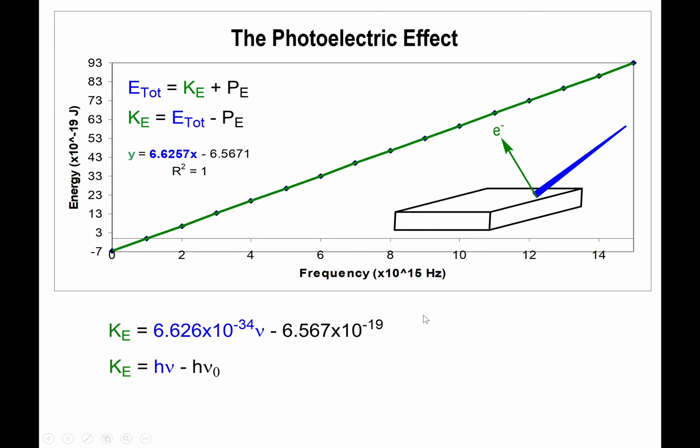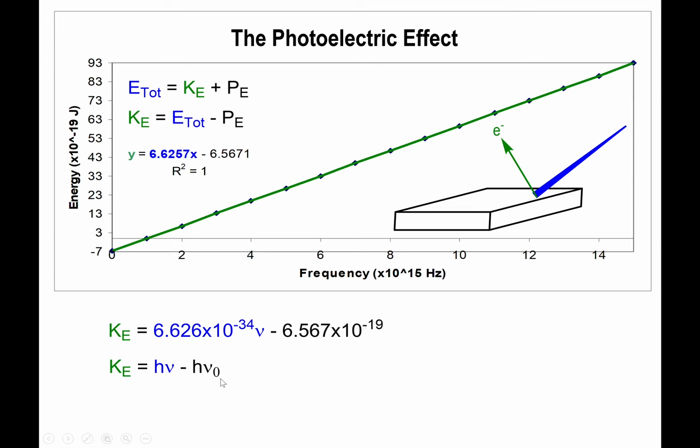So the beauty of this process is that we basically are able to tell what minimum frequency needs to be achieved in order for you to have electrons coming out with kinetic energy of any sort. This particular value, the nu naught, is what we call the work function of the metal.